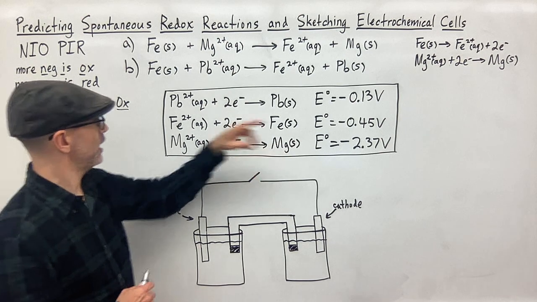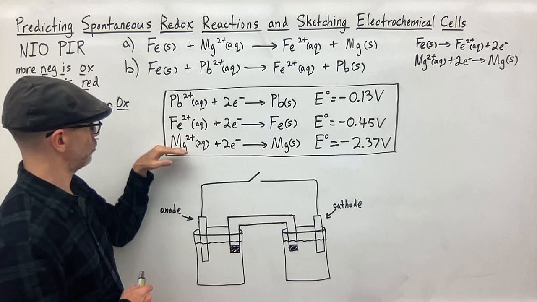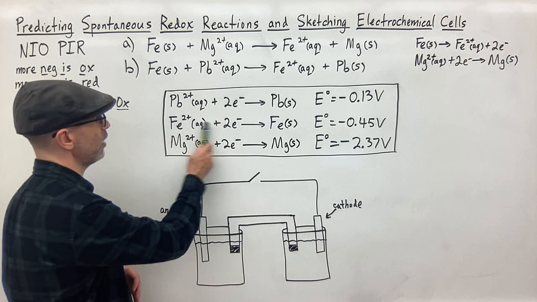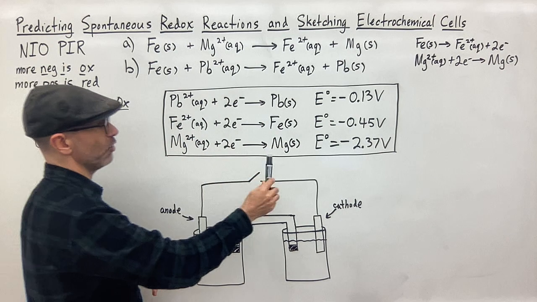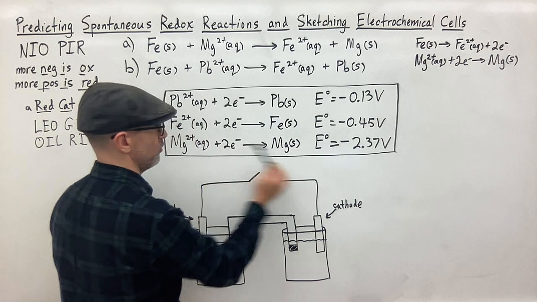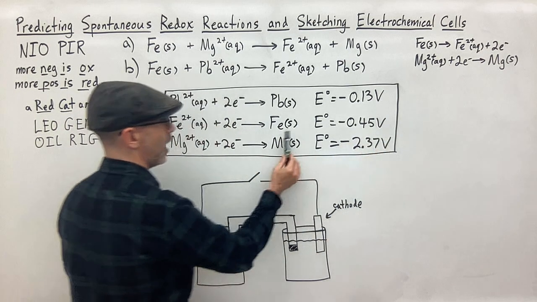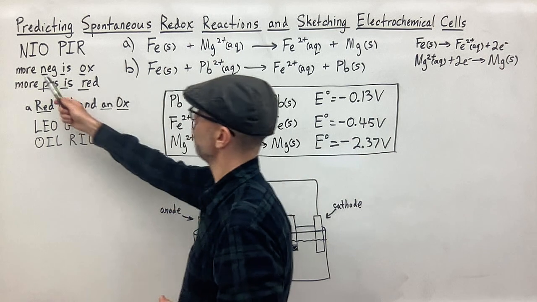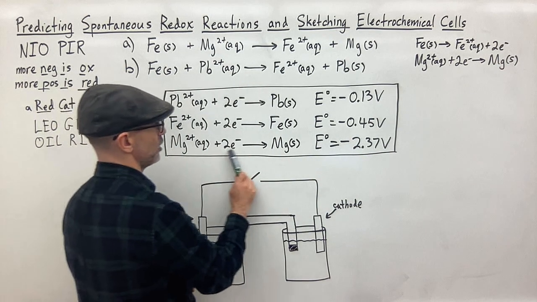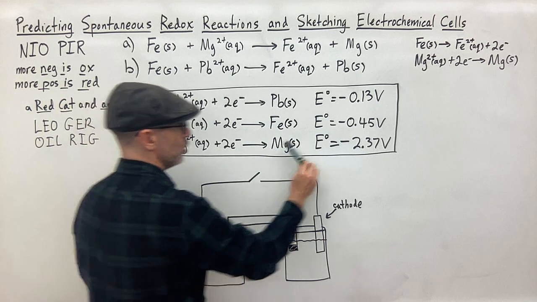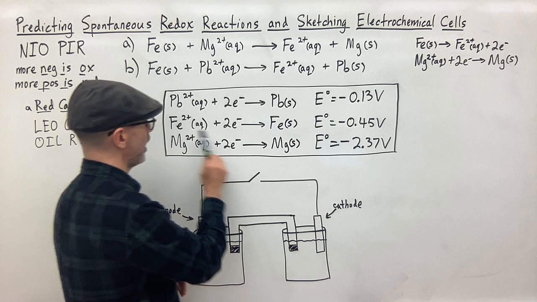So if I'm comparing iron and magnesium, you'll see that iron is higher on the table than magnesium. Also, magnesium is more negative compared to iron. Again, more negative is oxidation. So magnesium is lower on the table than iron.